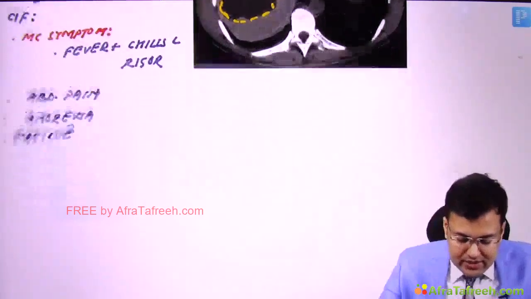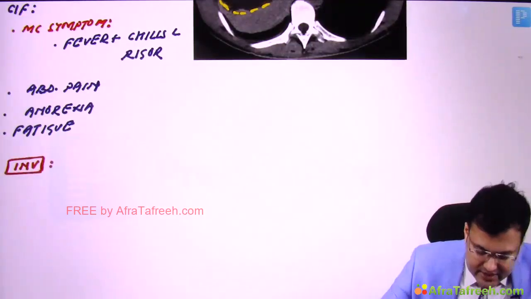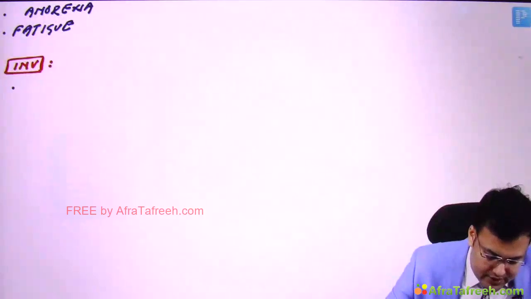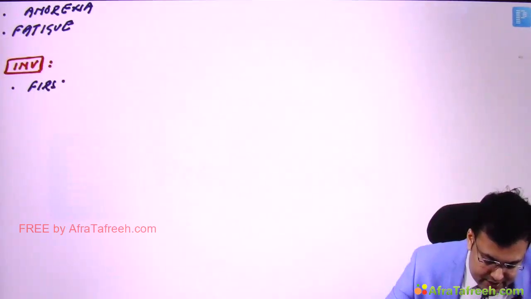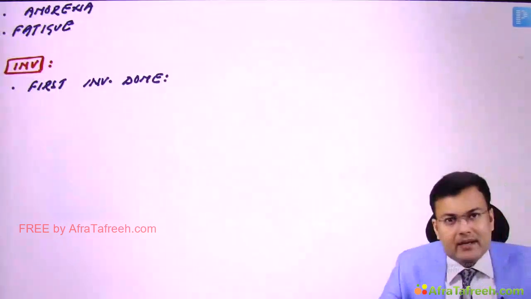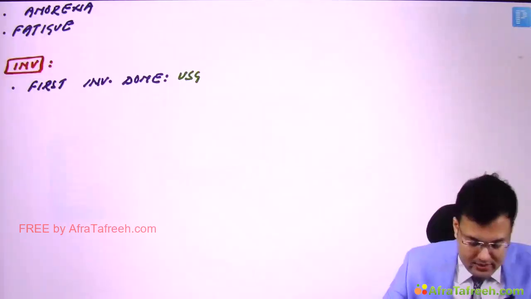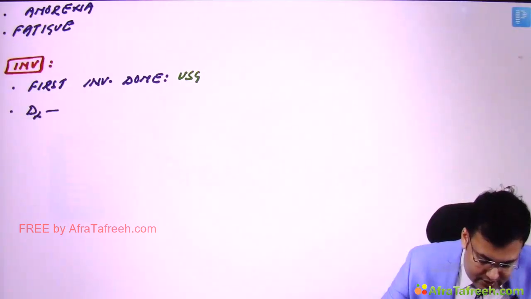So see the questions asked related to investigations. First, what is the first investigation done in a suspected case of hepatobiliary pancreatic disease? That is ultrasound. Clear? Second, diagnosis is highly suggested by.